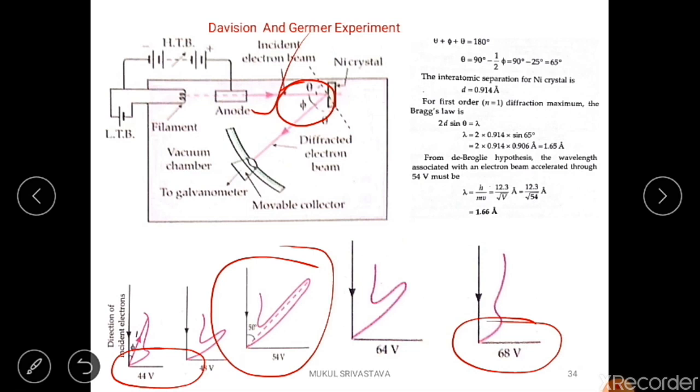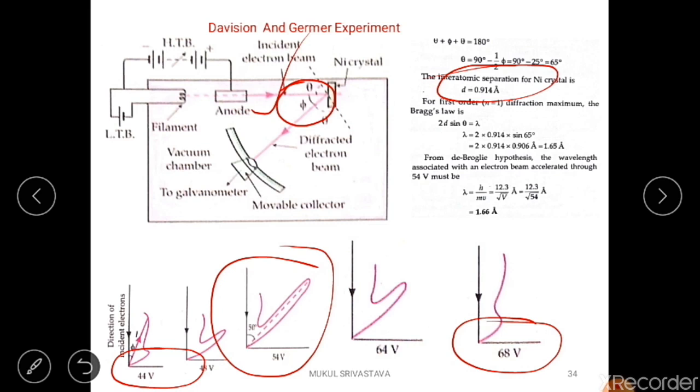Putting n equals 1, there is a maximum diffraction, and 2d sin theta equals lambda in that case, where d is the interatomic separation between the atoms of the crystal, and in this case d is 0.914 angstrom, which is given here.